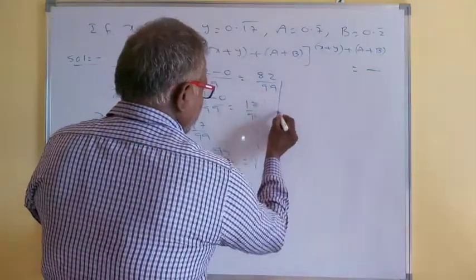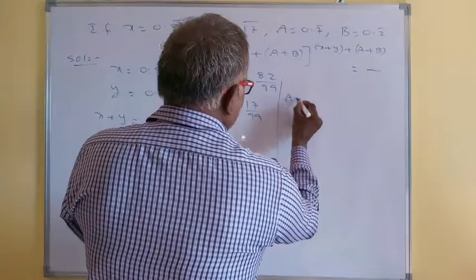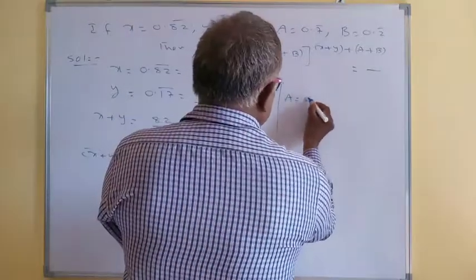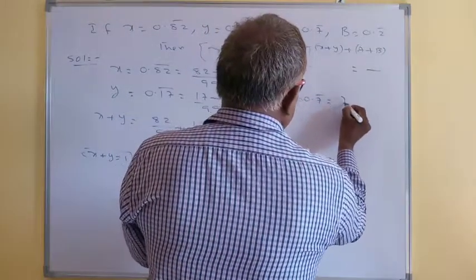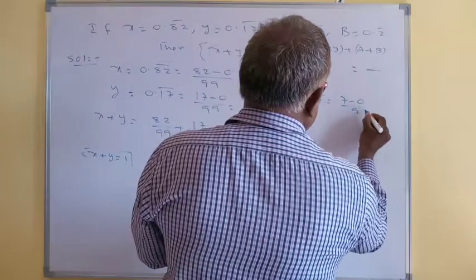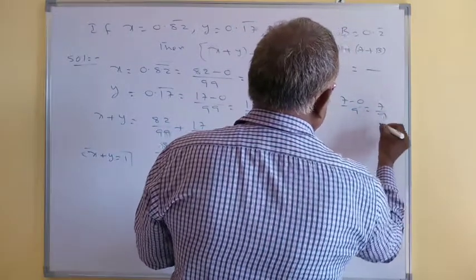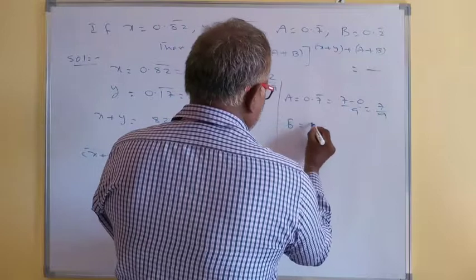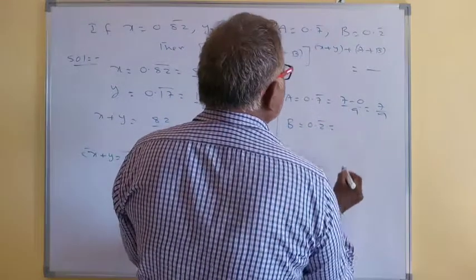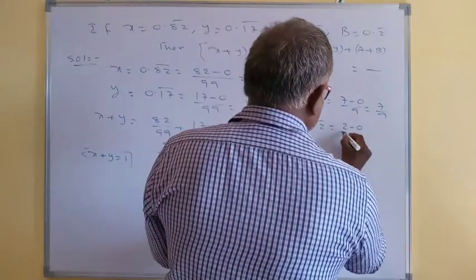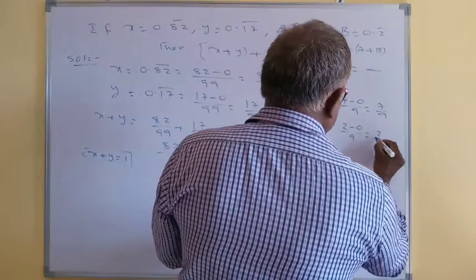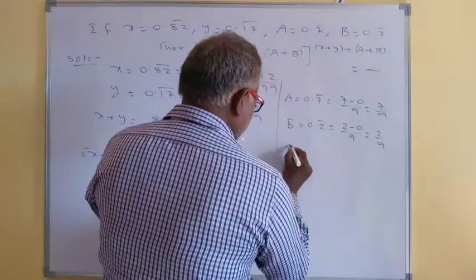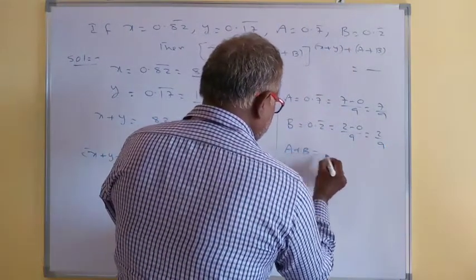Again here we have to simplify a. What is a? 0.7 bar. That means 7 minus 0 by 9 gives us 7 by 9. So b is equal to 0.2 bar. That means 2 minus 0 by 9 gives us 2 by 9. Here also a plus b.